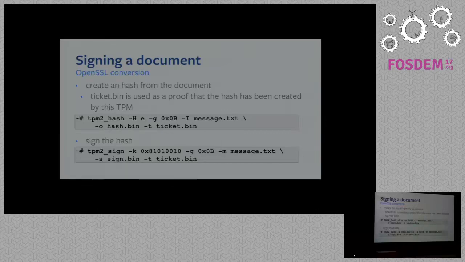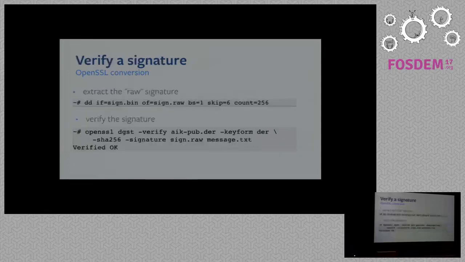And so now we have this signature, which is unfortunately not in the right format. So we need to skip again the header described in the TCG standard, and we extract the raw signature, which is 256 bytes long, of course. It's an RSA 2048-bit key that we are using.